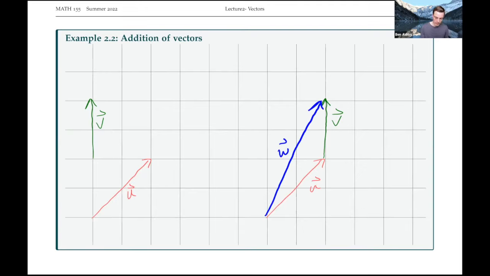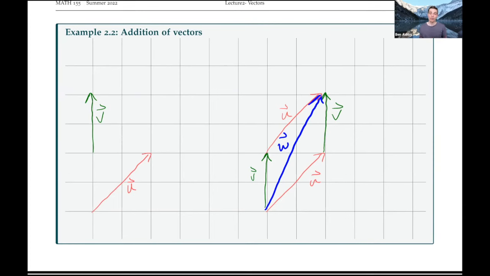But alternatively, we could have done v first, and then followed it by u, and we would have ended up at exactly the same point. So our w, which is our u plus v, it doesn't matter whether we do u plus v or v plus u, we end up at the same point. Okay, so that's how we add two vectors together.